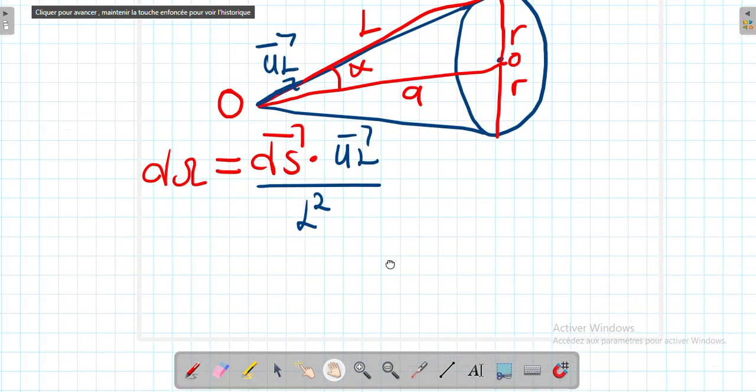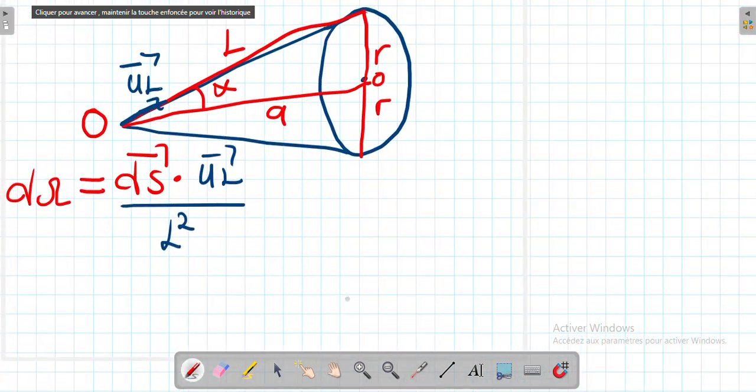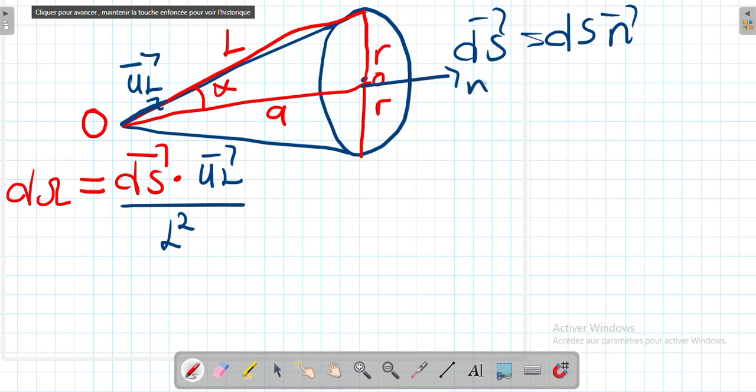So we're going to start with dS. We know that dS by definition is equal to the magnitude dS, then the unit vector, the vector normal to it. Now what is dS? S is the surface area.